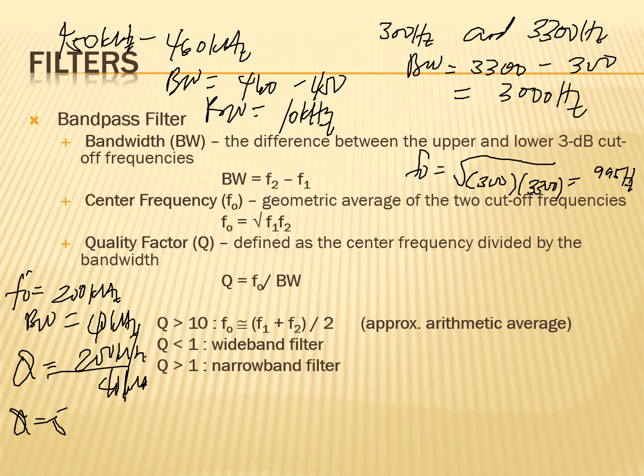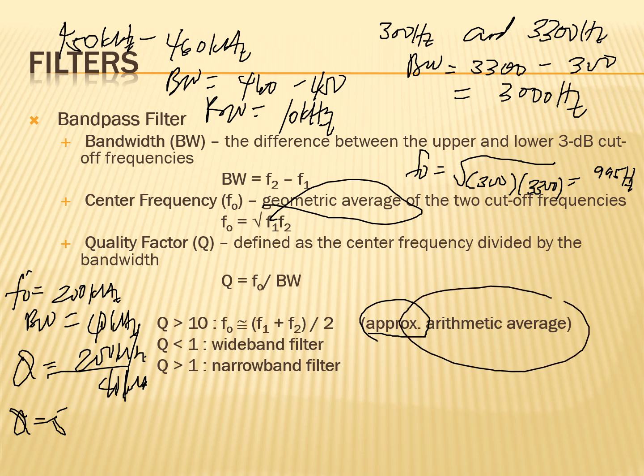So when our Q is greater than 10, we can use an approximation, wherein instead of using the geometric average, we will be using the arithmetic average. However, this will be approximately equal.